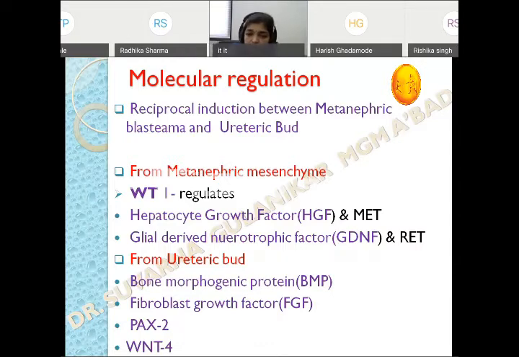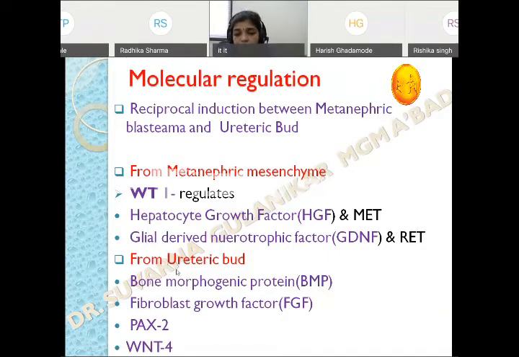So how does it happen? The transcription factor WT1 is expressed in the metanephric mesenchyme, which regulates the two factors, HGF and GDNF. HGF is hepatocyte growth factor and GDNF is glial-derived neurotrophic factor.